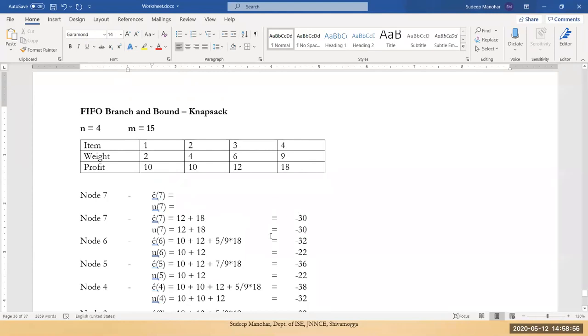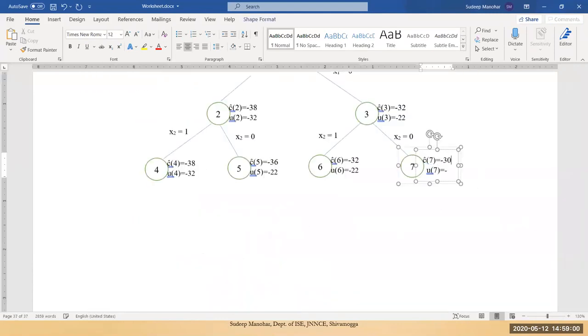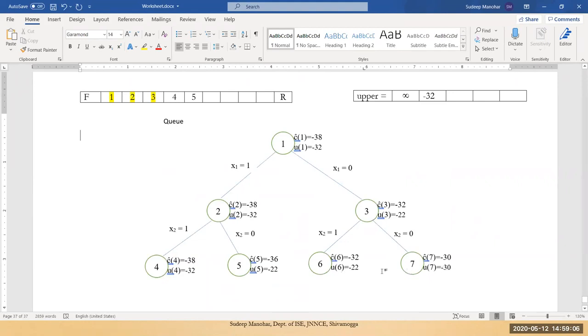Okay, next, you enter the values here, 30 and 30. Now compare the values of upper. Which is lesser? Minus 32 is lesser. Okay, whether this U is lesser than upper? No, minus 30 is not lesser than minus 32. Therefore this remains as it is.